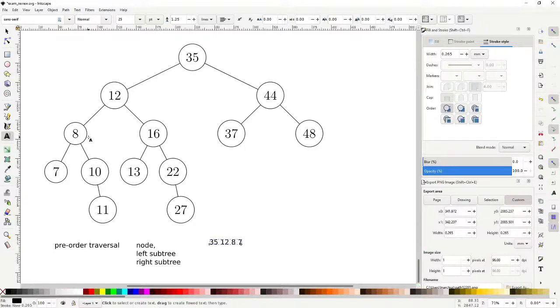And now we'll visit 7. So now 7 tries to visit left, can't, right, can't. So it pops back up to 8. And so now it visits from 8, right? So here was 8 that visits left first, and then we visit right. So visiting right is going to be 10, and then 11.